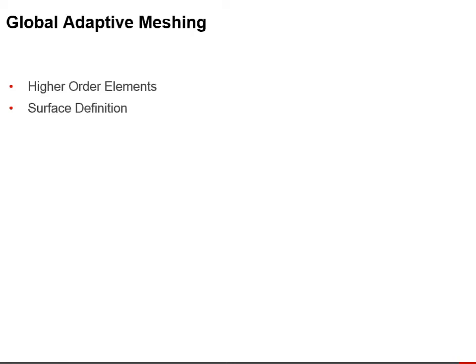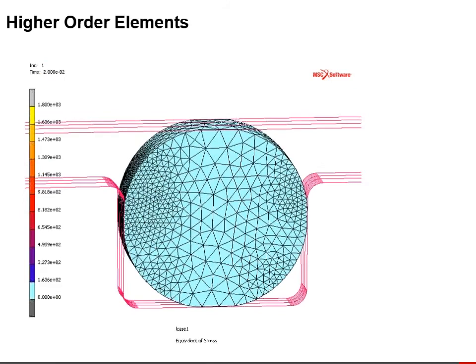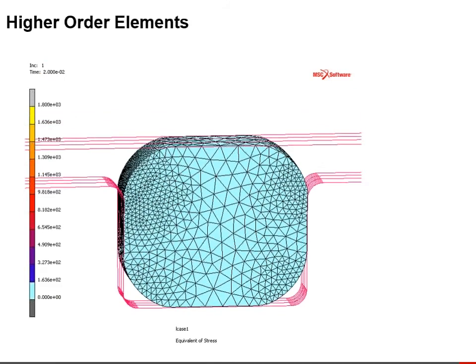The second thing is we've been working on improving the definition of the surface, especially the definition of the surface when you have multiple bodies and one of the bodies is adaptively remeshed and it's in contact with another body. But that's much more difficult for the user to actually visualize. So I'm going to show first this problem of a rubber analysis.